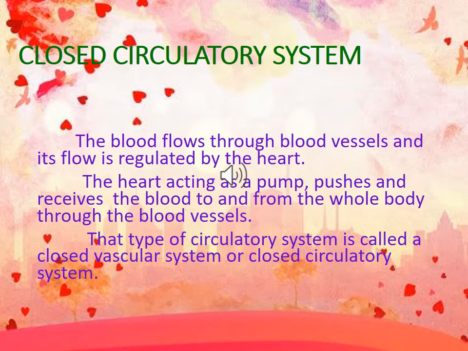So, in this closed circulatory system, what happens? The blood flows from the heart to blood vessels and then to the body or to the cells, and again from those cells through blood vessels into the heart. So the blood is not coming out directly into an open space. As the circuit is a closed one, that is why we call it a closed circulatory system.